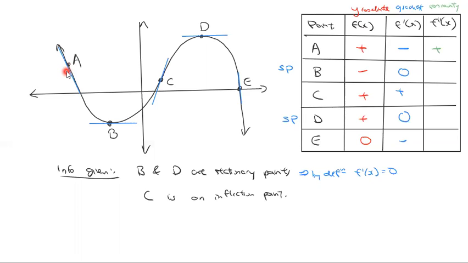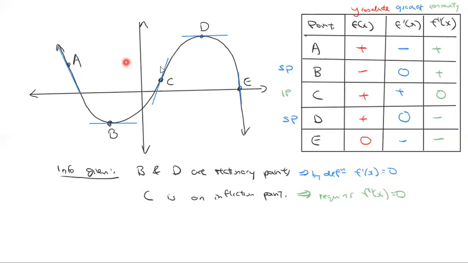B. Positive. C. 0. Negative. Negative. And if you've got an inflection point, then not by definition, but this requires f''(x) equals 0. I've said before that the second derivative equals 0 doesn't necessarily mean you've got an inflection point, even though it probably usually will be for SL. But if you do have an inflection point, you can say that the second derivative must equal 0.